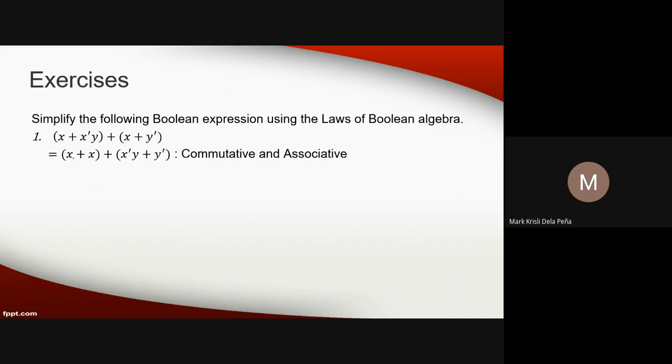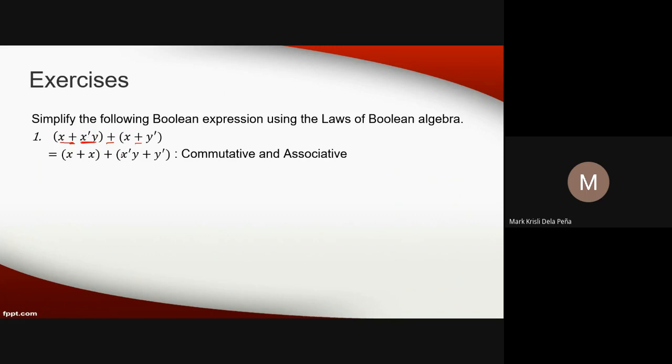Since we have the same operations, we can use commutative and associative. Remember that we can only use commutative and associative on terms, expressions or groups which have the same operations. For example, we cannot use commutative or associative on x bar x or x prime y, since this uses a different operator, so instead we will treat this as one.